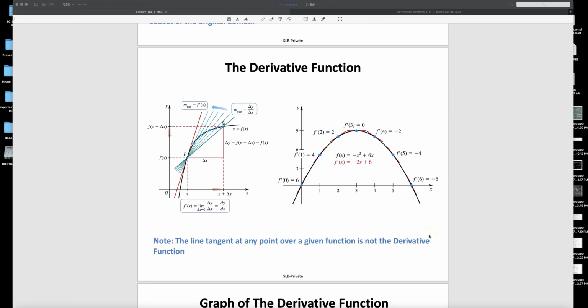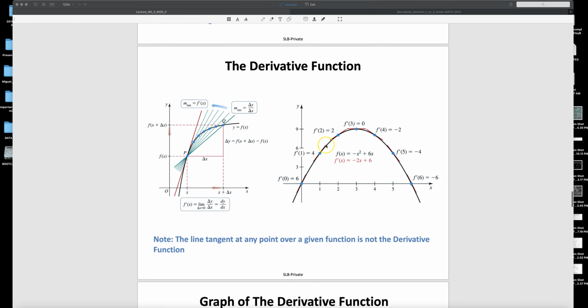That function will represent at each particular point the instantaneous rate of change, which is equal to the slope of the tangent line to the function at that point. You understand now what the definition is. So for every point within the domain of the original function, we define the derivative, and that creates another function, which is the derivative function.